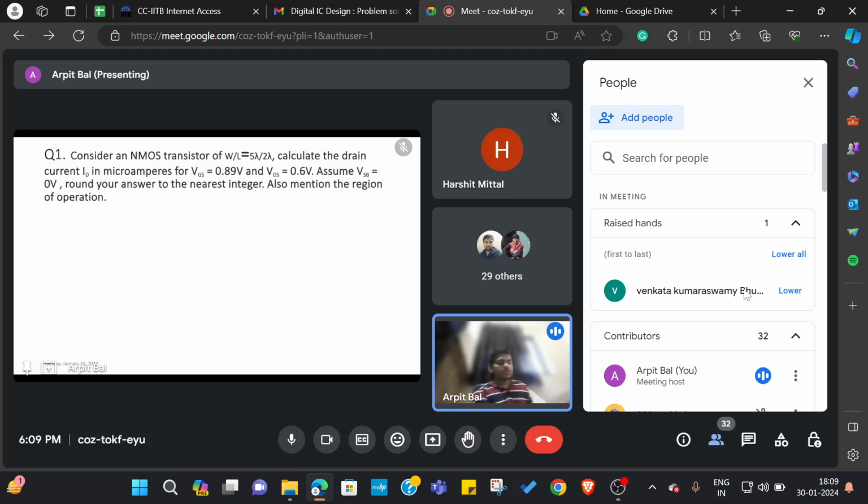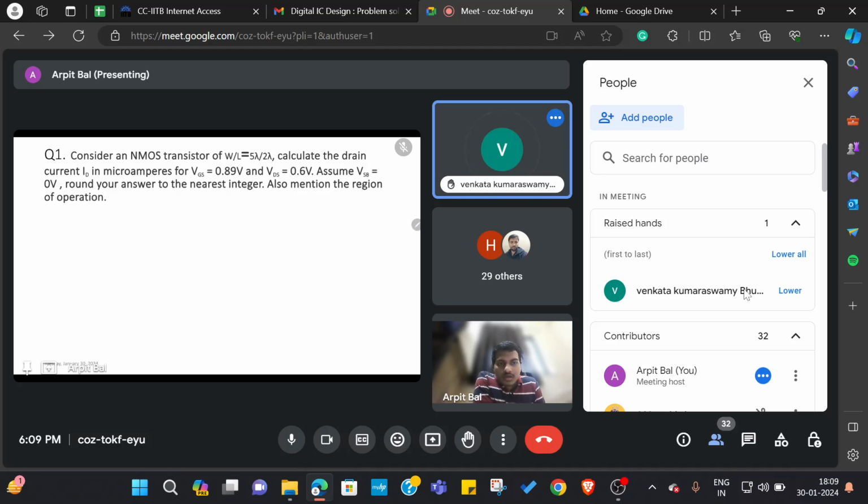Let us start the problem solving session. Sir, I have a doubt. Is the condition you have explained earlier for NMOS valid for PMOS also? Yes. In today's session, we will have roughly 4 or 5 questions related to NMOS and there will be one PMOS question as well. I think that PMOS question will clear your doubts.